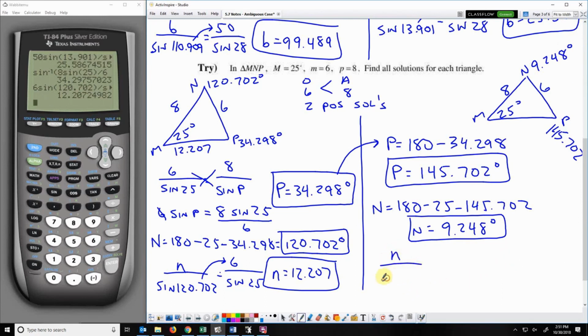So side N over sine 9.248 degrees equals 6 over sine 25 degrees.